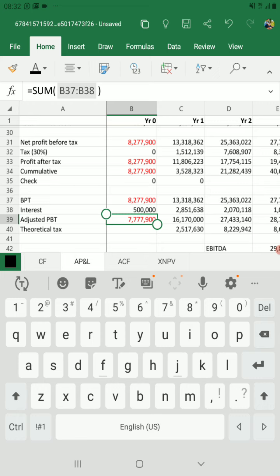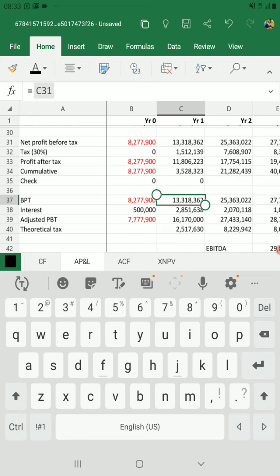So this is the main difference now. From year 1, because we have profit, all approaches are the same when it comes to computation of unlevered free cash flow, from year 2 and year 3. But because in year 0 we had a loss, and this loss was first absorbed in year 1 before we charged this theoretical tax here.